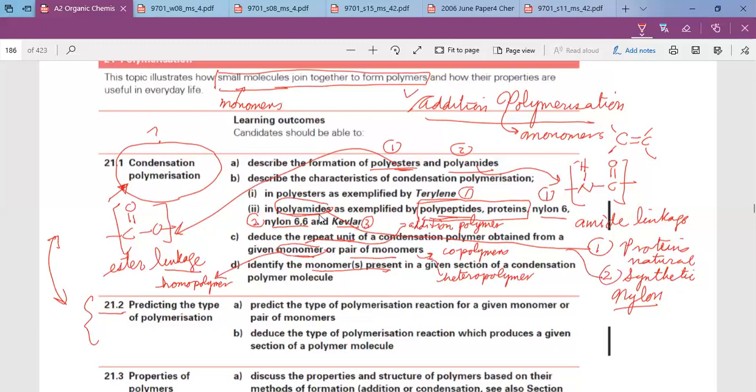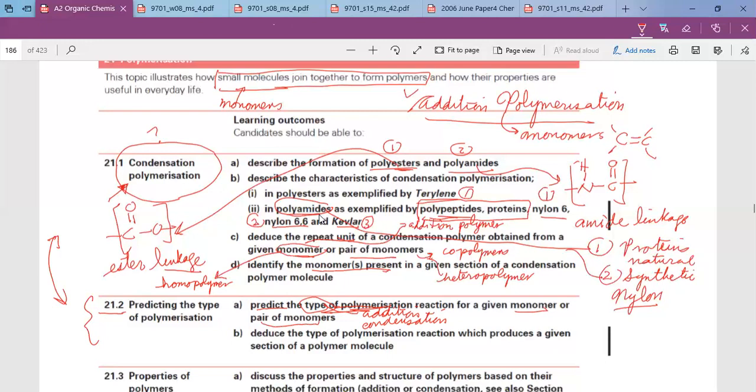Okay, predict the type of polymerization for a given monomer. The type here means what? Whether it's addition or condensation. For a given monomer, one monomer or a pair of monomers.